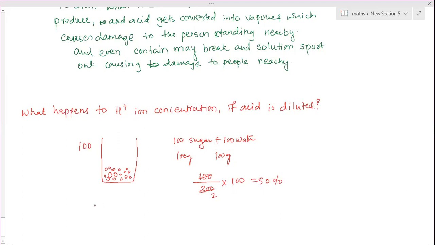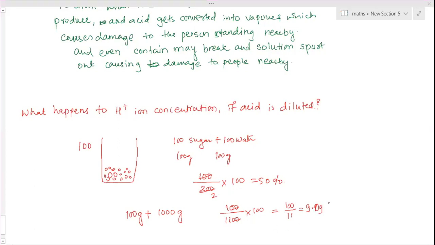Now if I add more water, 100 grams of sugar is still present, but the water becomes 1000 grams. What is the percentage now? 100 divided by 1100 into 100, so 100 by 11, which is equal to 9.09.